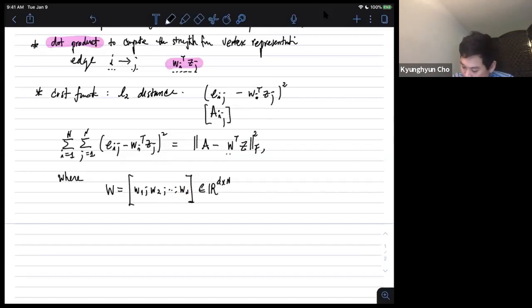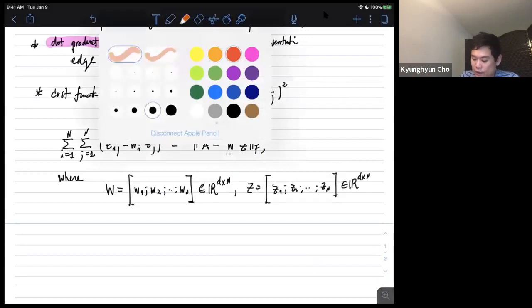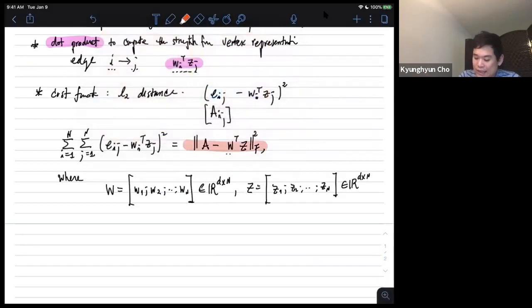Then we have Z, the code matrix, which is z1, z2, all the way to zn, just like before, with size d by n. Looking at this, you see how we ended up with the matrix factorization here. If we think about this term, this is exactly the cost function of the matrix factorization we talked about.